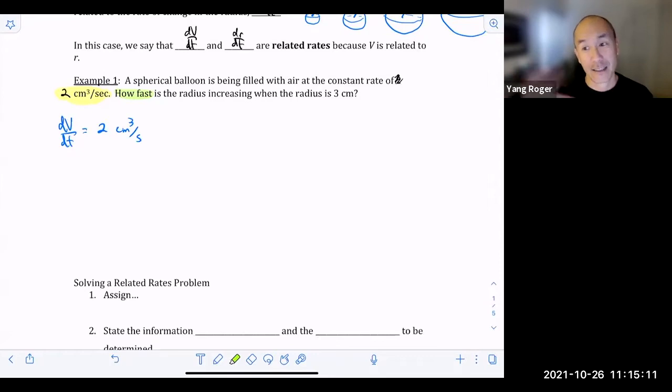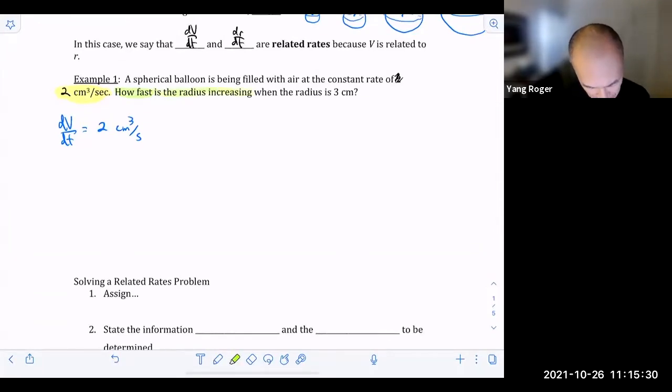Like velocity is how fast something is. So how fast is the radius increasing when the radius is 3 centimeters? What this question is asking us is how fast the radius is increasing. So how do I describe that phrase? I think they're asking me dr/dt.